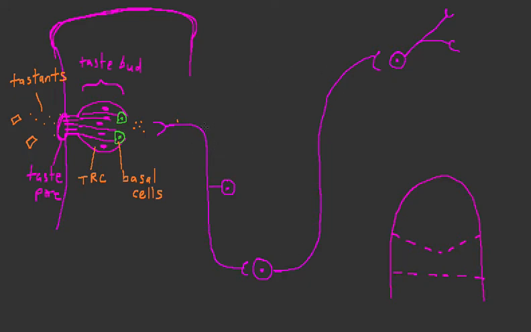So let's define. We said this was a first order neuron because it's the first actual neuron in this pathway. Of course, we had the taste receptor cell, but we can't call that a neuron. So we'll start here, and this is usually, we're generalizing a little bit, part of the chorda tympani nerve, which we know about.